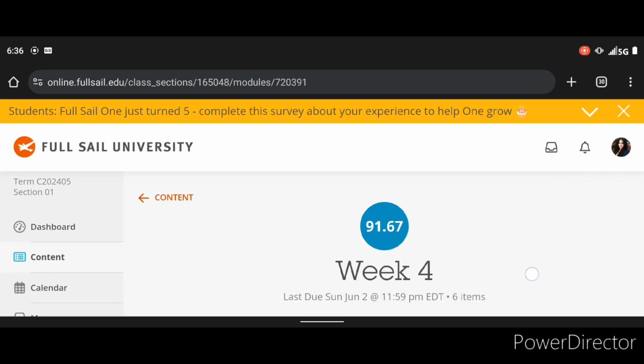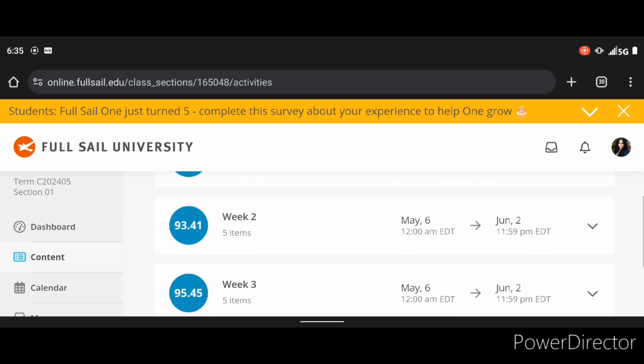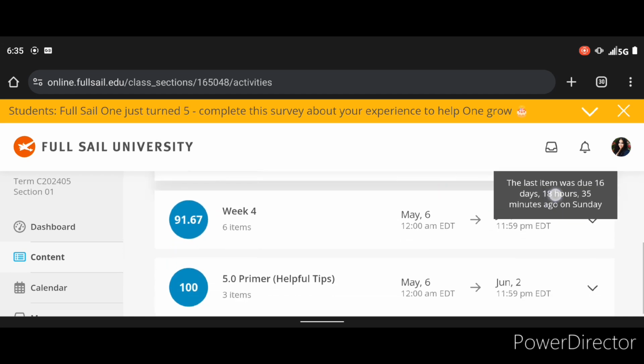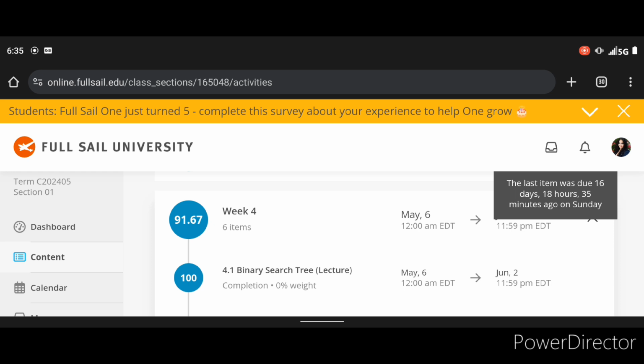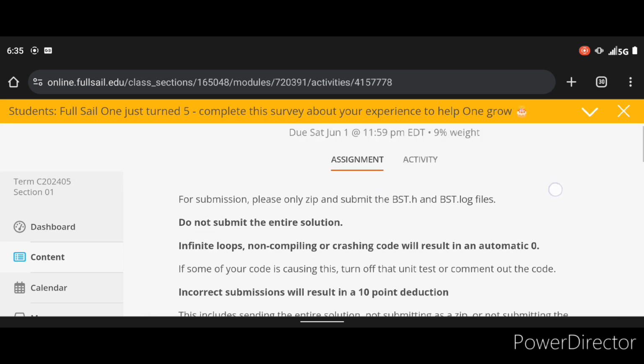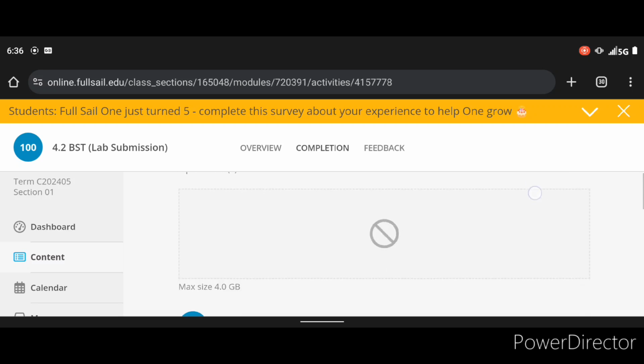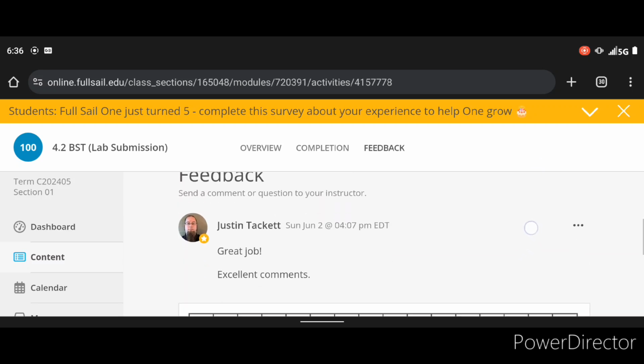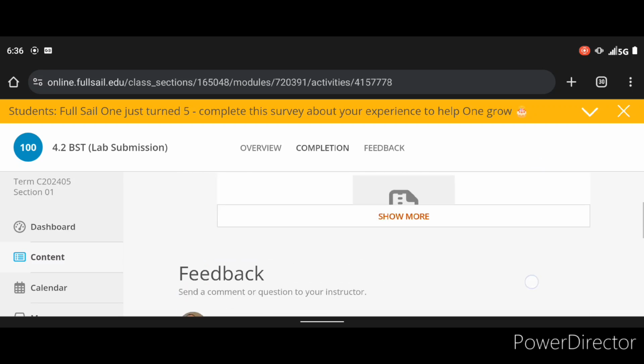For Lab 7, the binary search tree lab. This is one of the final data structures that is taught in this class, and a brief idea of what a binary search tree is. It's just a way to store information.